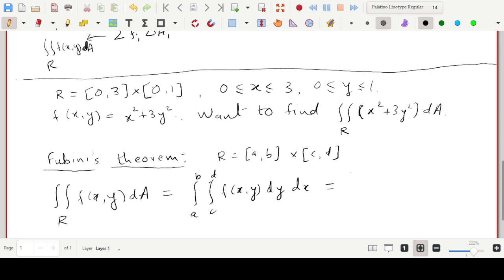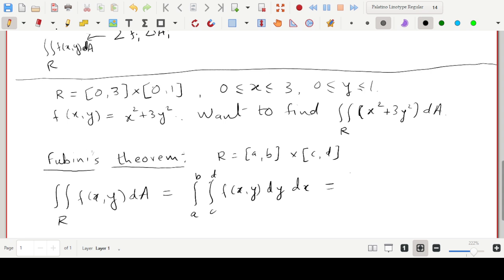That gives us an expression in x alone, because y has been eliminated. What remains is only a function of x that we can integrate with respect to x, and again find the definite integral from a to b.